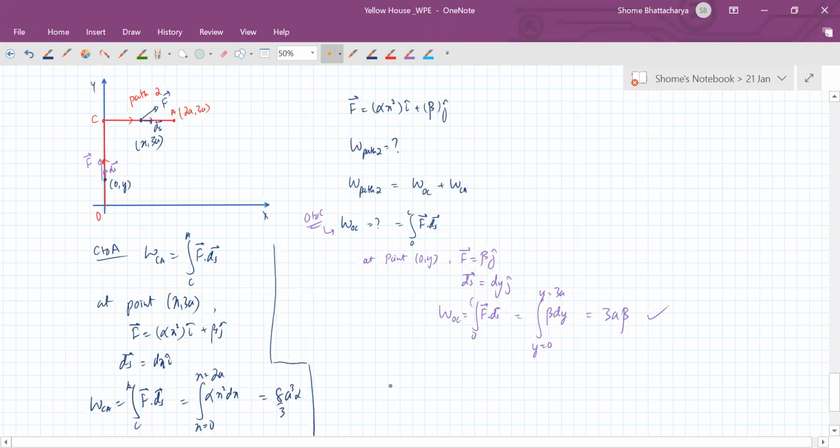Okay, so the individual parts are different, but the net work done by path 2, which is work done from O to C plus work done from C to B, sorry, C to A, is becoming the same.